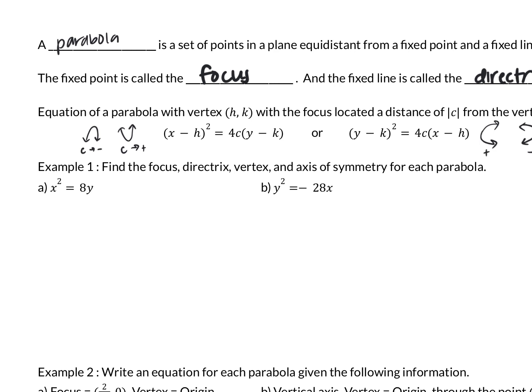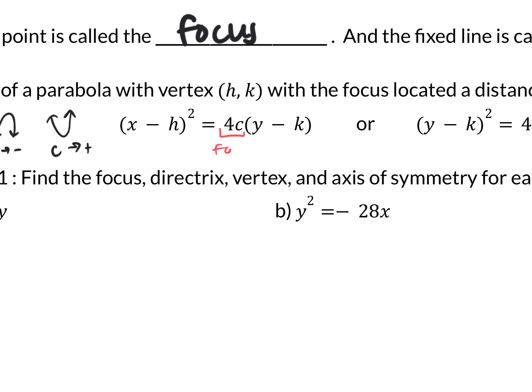Another thing that I would like to add on there is that the 4c value, that is what we call our focal diameter. And what that means is at your focus point, if you were to connect a line that touches both endpoints and the focus, that is what my focal diameter distance is, okay?